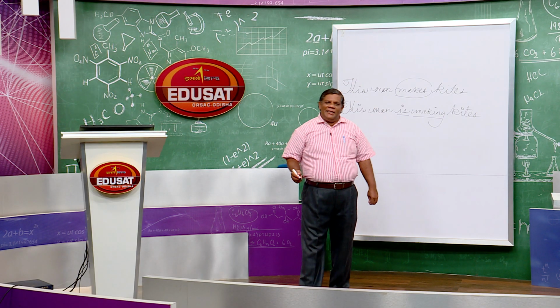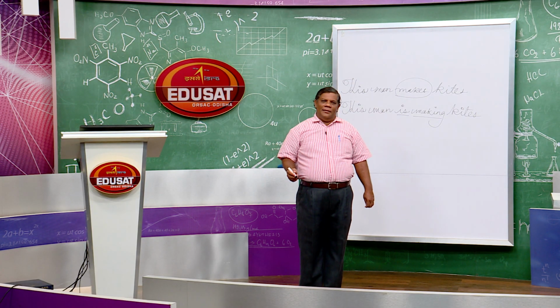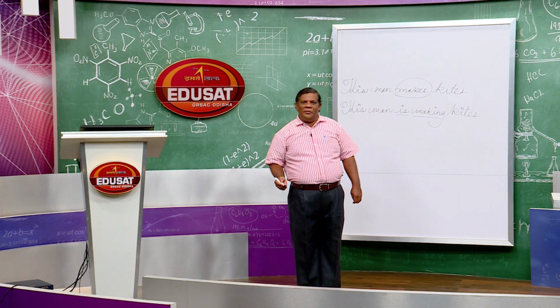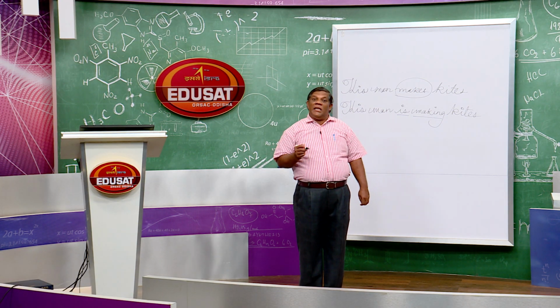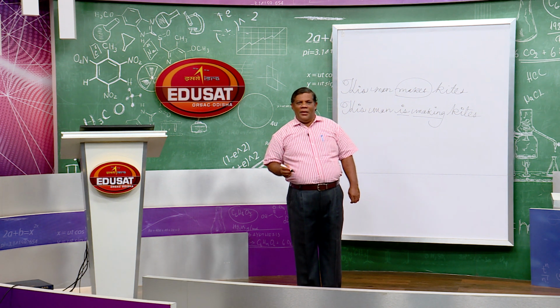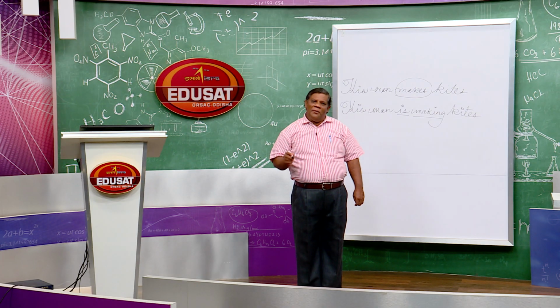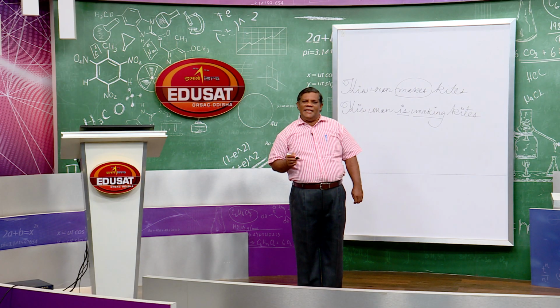The man has made kites, also two verbs, has and made, compound verb form. The man has been making kites, has been making, three verbs. This is called a compound verb form, because the sentence carries more than one verb.